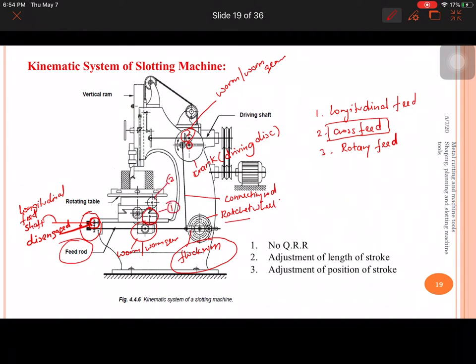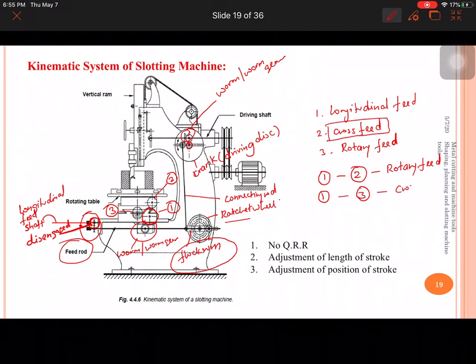Let me name a few more things. This is gear 2, this is gear 3. If gear 1 is in engagement with gear 2, then we are going to get the rotary feed motion. If gear 1 is in engagement with gear 3, then we will get the cross feed motion.